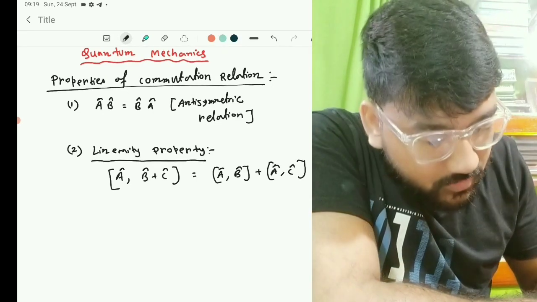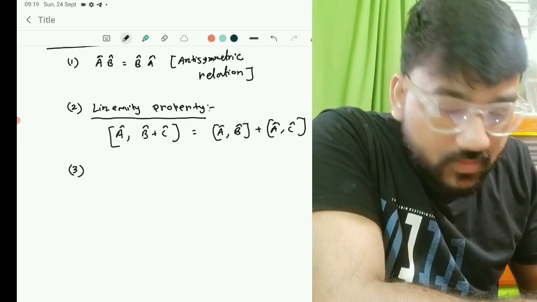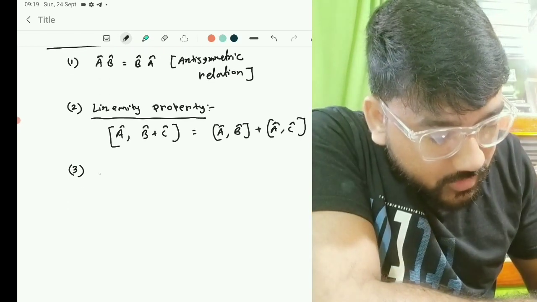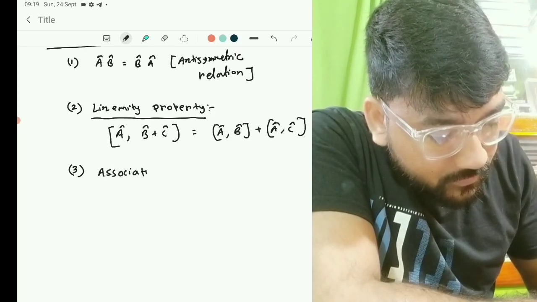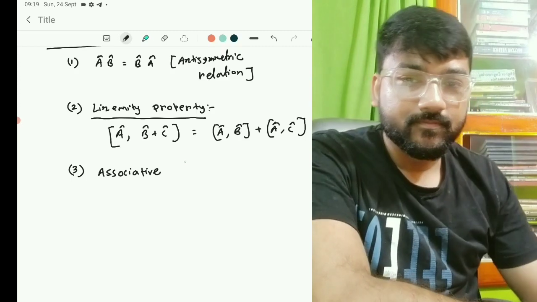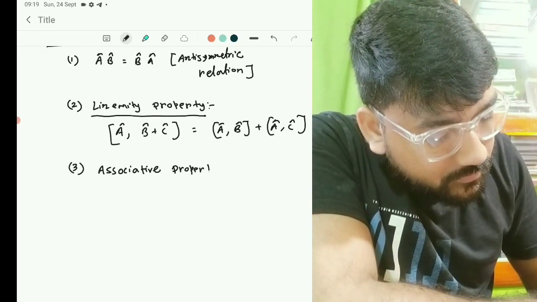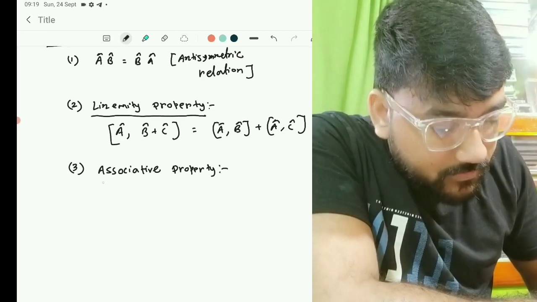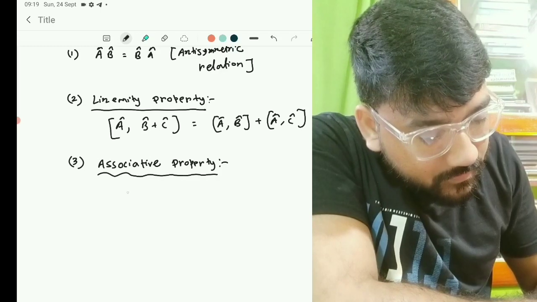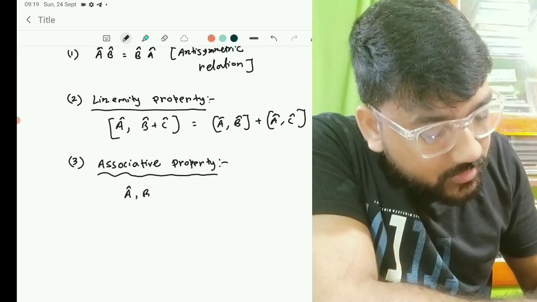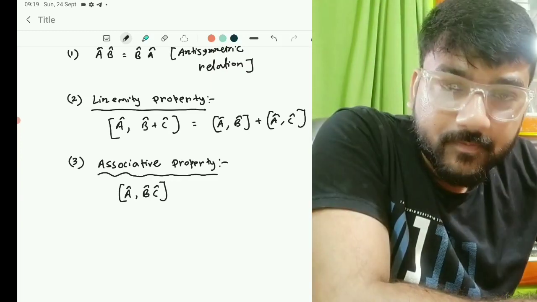Now the most important thing about commutation relation, that is the associative property, that I will use here. Suppose you have three operators again a, b, c, and we have it in this form [a cap, b cap c cap].